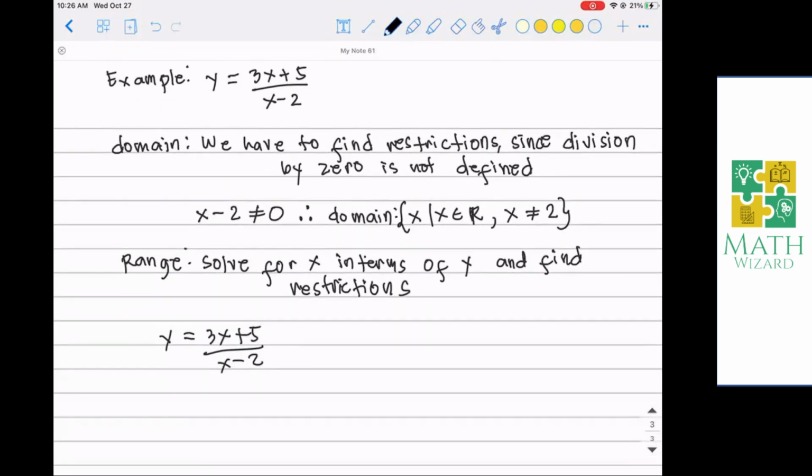We need to multiply both sides by x minus 2 para ma-cancel natin yung x minus 2 sa bottom. Or, pwede rin naman natin mag-cross multiply tayo. Cross multiplication becomes y times x minus 2 is equal to 3x plus 5. Distribute natin si y, it becomes xy minus 2y is equal to 3x plus 5.